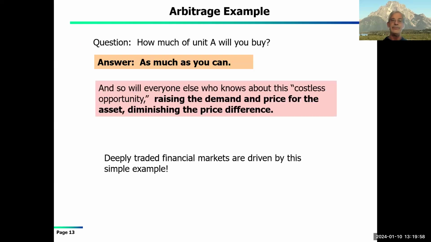So it's a simple example. It's a pretty dumb example, but it's a simple example. But what it does is explain the fundamental concept, which is if you can buy as much as you can, you're going to eventually, in financial markets, end up driving up the price.